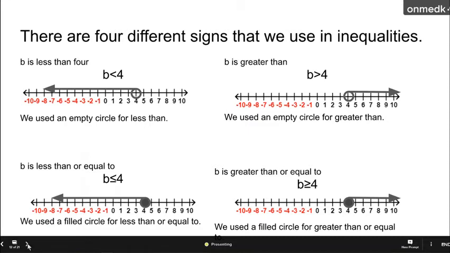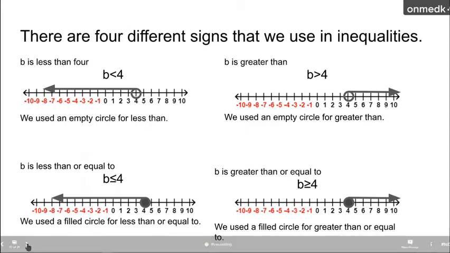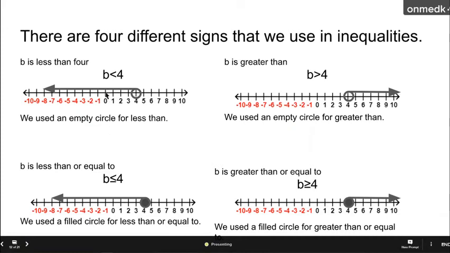There are 4 different signs that we use in inequalities. We use the less than, the greater than, less than or equal to, greater than or equal to. The difference between these is that this one does not include the number. Therefore, it is empty.